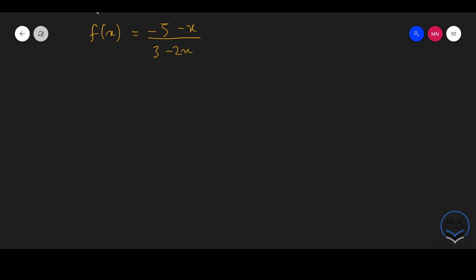So now let's say that we are asked to find the f inverse of 7, but without finding the inverse function itself, right?